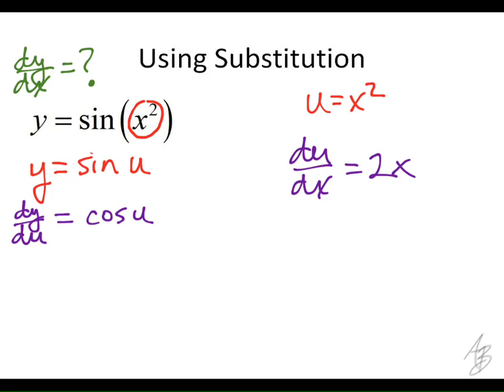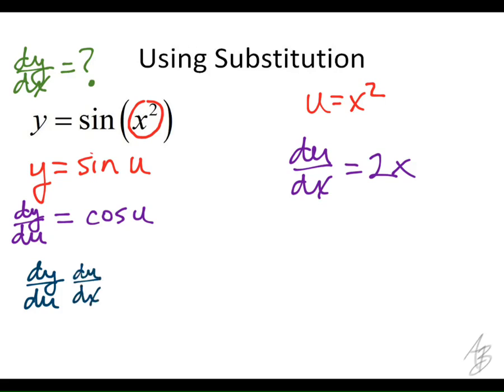We could plug this into it, but we don't have a du dx over there to plug it into. We can multiply the cosine of u times 2x. Okay, and why would we do that? Because when you multiply dy du times du dx, the du's cancel out and you get dy over dx.